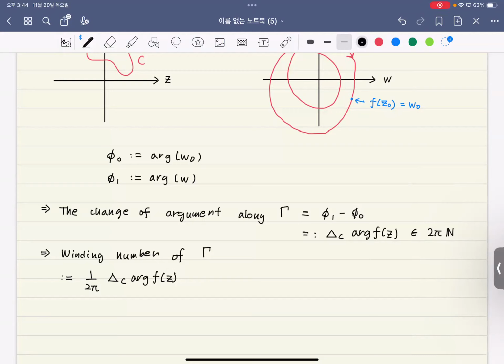One crucial observation is that when your image curve is not winding the origin, the winding number should always be 0. Suppose this is your image curve. No matter how complicated it is, if it never winds the origin, then the winding number is 0, right? Okay.